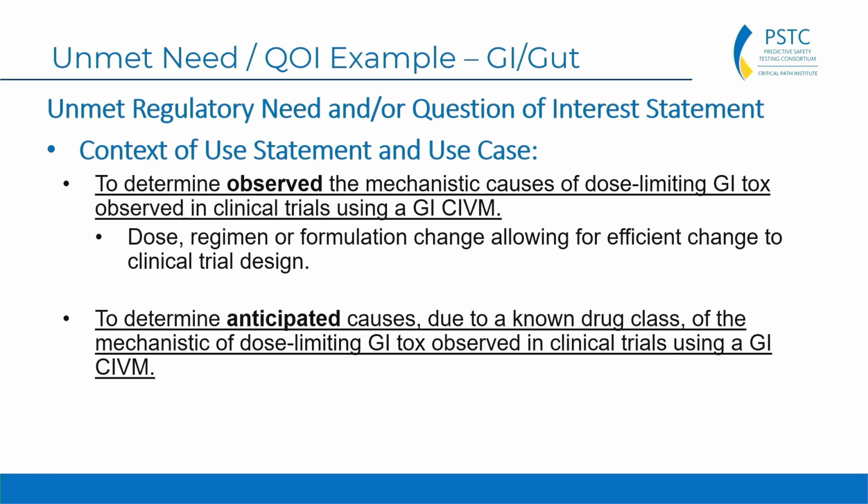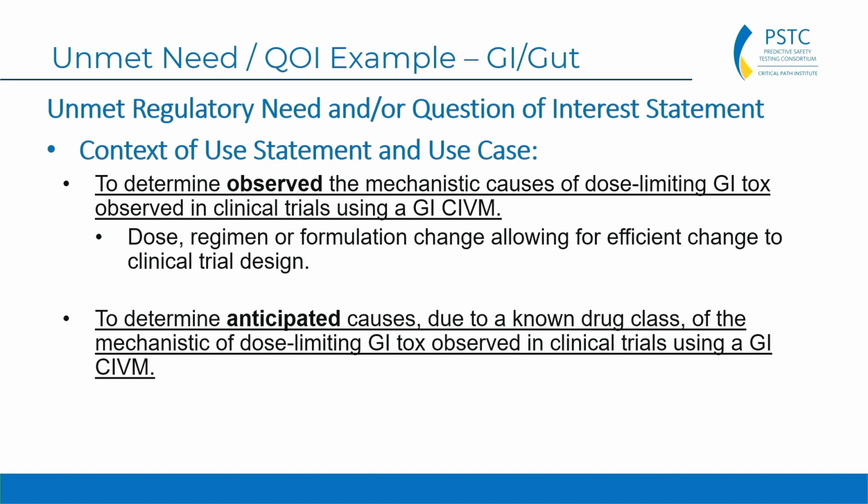So the context of use statement we honed in on, after a little bit of work, was that we were trying to determine and assess observed mechanistic causes of dose-limiting GI toxicity observed in the clinic, and then efficiently compare different dose regimens or formulation changes to allow for efficient updates and moving forward with trial design.